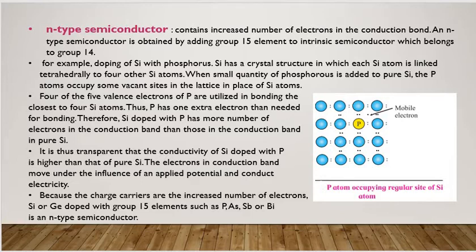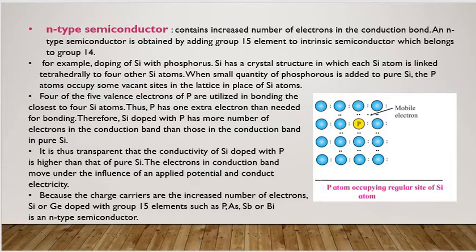When a small amount of phosphorus is added to pure silicon, the phosphorus atoms occupy some vacant sites in the lattice in place of silicon atoms, which you are seeing in this diagram also, and overall the structure of silicon would remain unchanged.